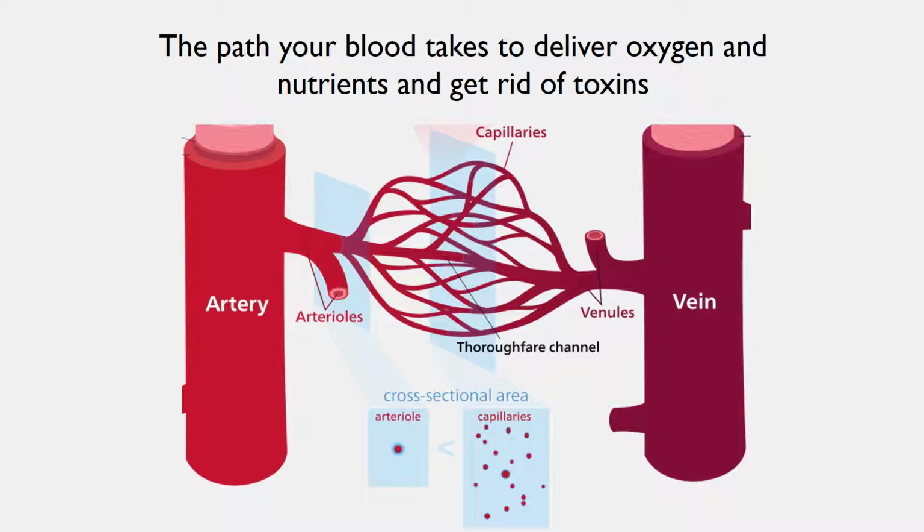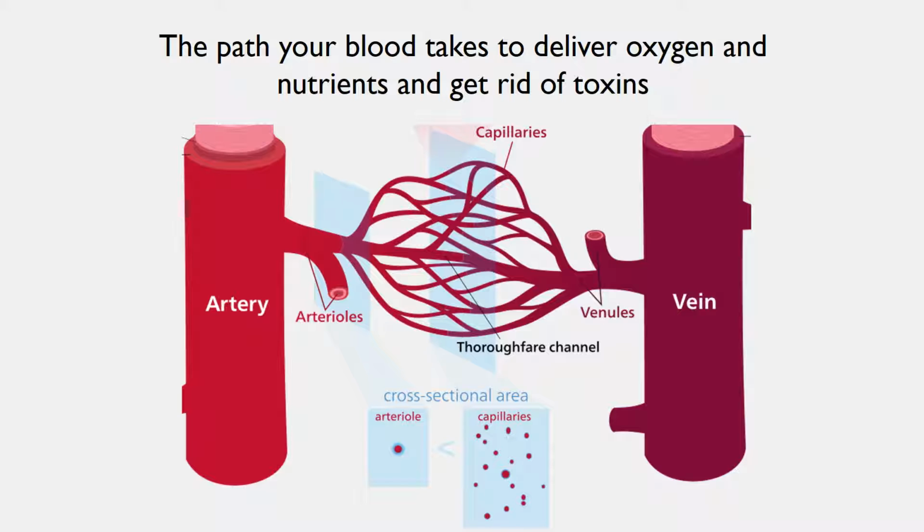So the blood and the nutrients come in through your arteries and they pass through the smaller vessels called arterioles that lead to the capillaries, and this is the one cell layer. And it creates a thoroughfare channel where the exchange of good stuff for bad stuff gets to your glands, organs, and tissues.